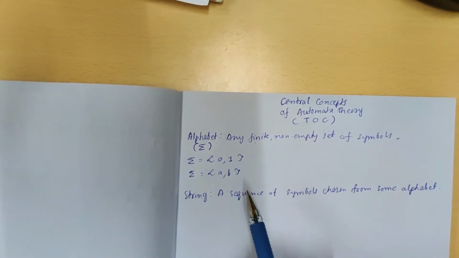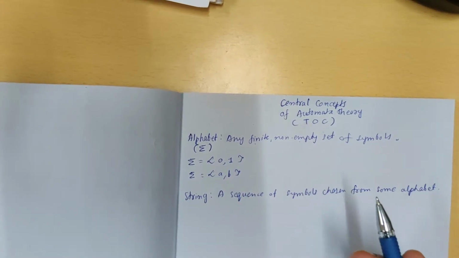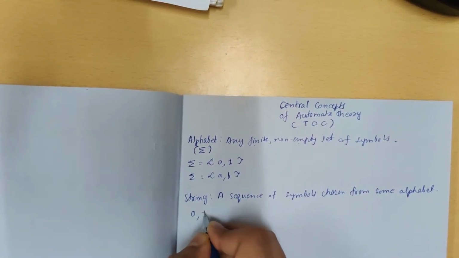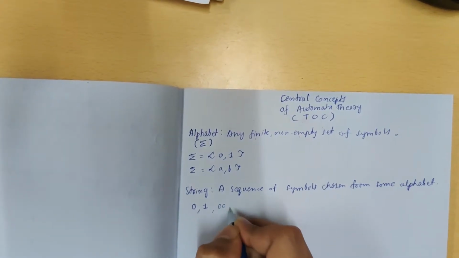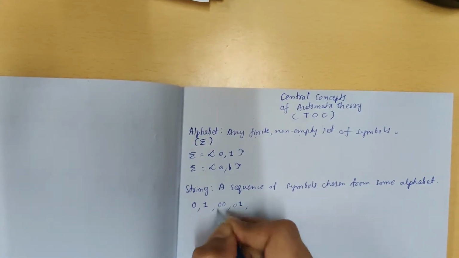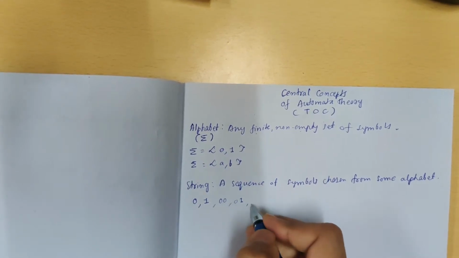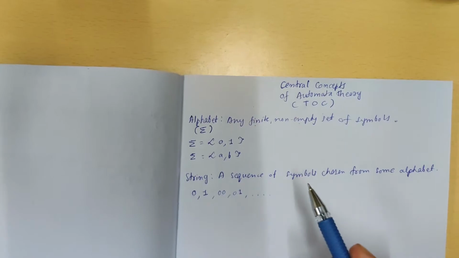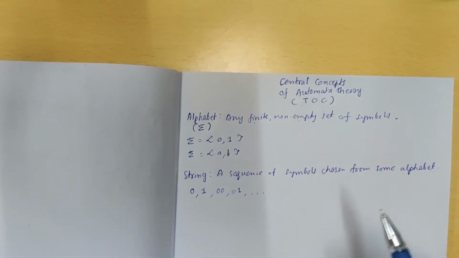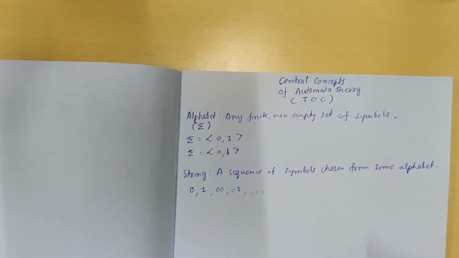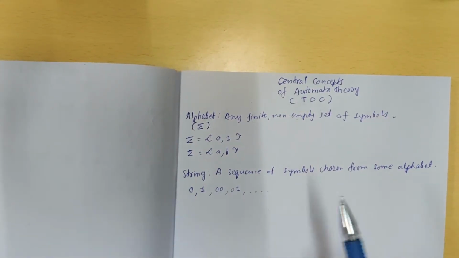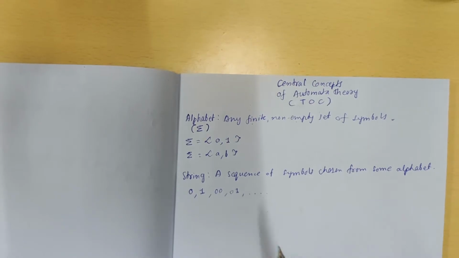From this alphabet set, what are the possible strings that I can form? I can have simply a string 0 or a 1 or 0, 0 or 0, 1. These are the different strings and it goes on. The number of possible strings from this alphabet set is, as we can see, infinite. That is generally the case. So this is the concept of a string, nothing but a sequence of symbols.